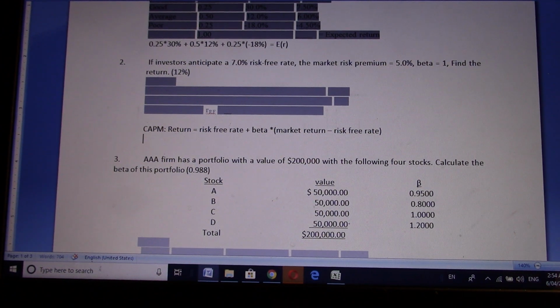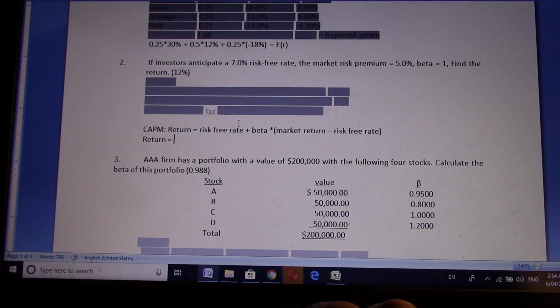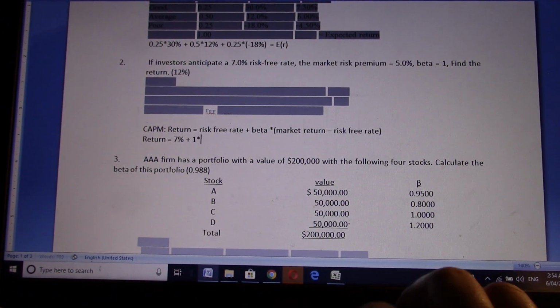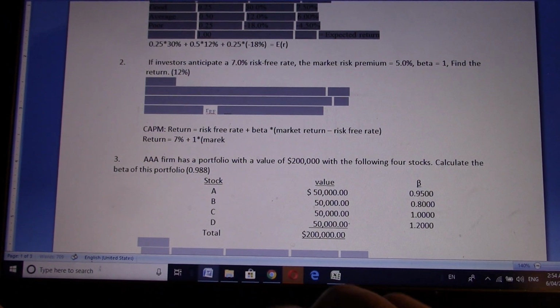So in our case, the return should equal the risk-free rate, which is 7%, plus beta, which is 1, times the market return minus the risk-free rate.